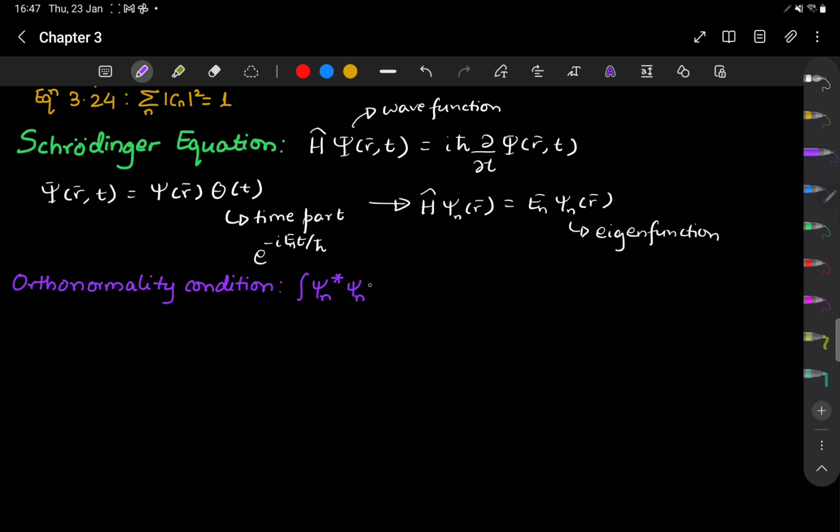If you take two eigenfunctions, psi n and psi n prime, and integrate over all volume the product psi n star psi n prime, then this integral equals delta n n prime, where delta n n prime is the Kronecker delta function, and this is 1 if n equals n prime and 0 if n does not equal n prime. So this delta n n prime is known as the Kronecker delta function.